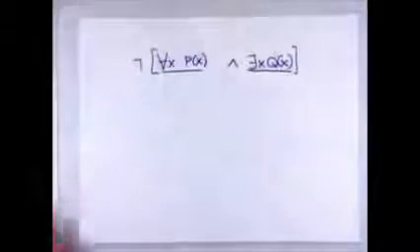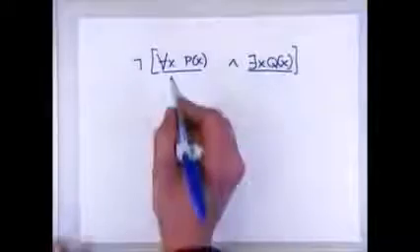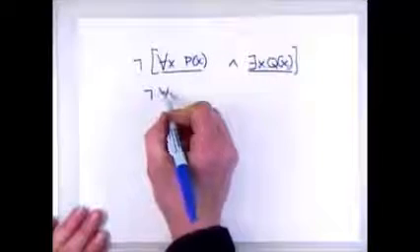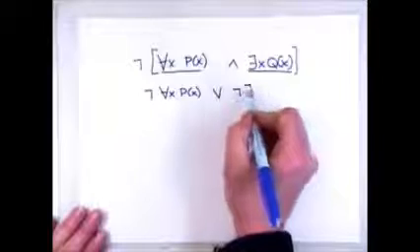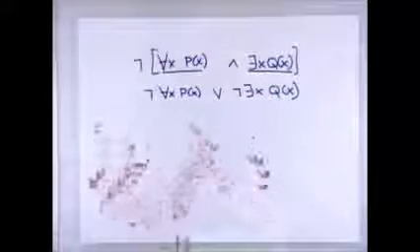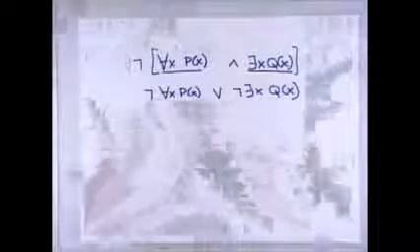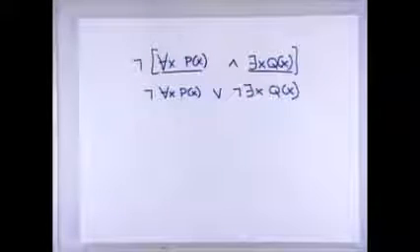If I put a not on that and I want to use De Morgan's, I can do it, because each one of these is a proposition. It's just a variable. So De Morgan's on this would be not the quantity for all x, P of x, change the and into an or, and not the quantity there exists x, Q of x. So that's using De Morgan's rule, and most all of our rules can be used that way.